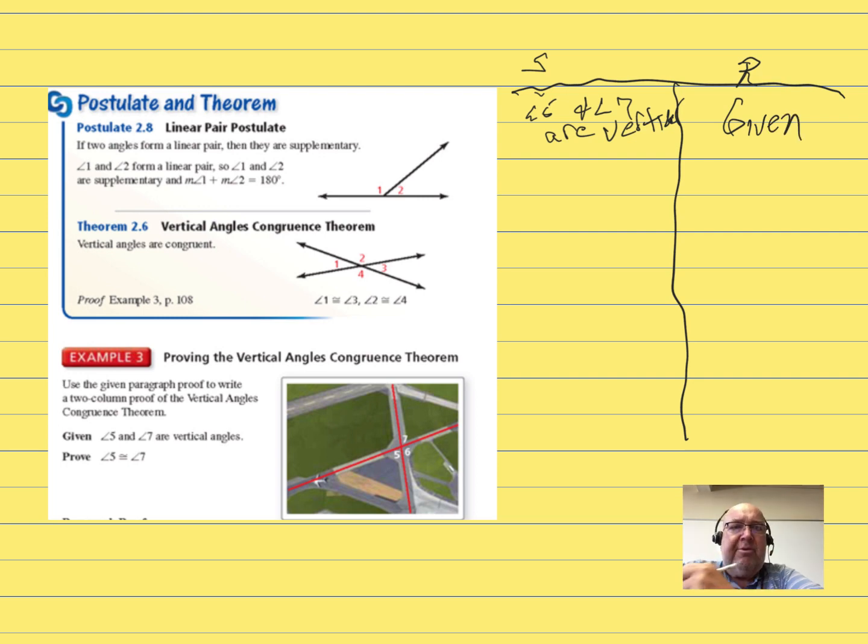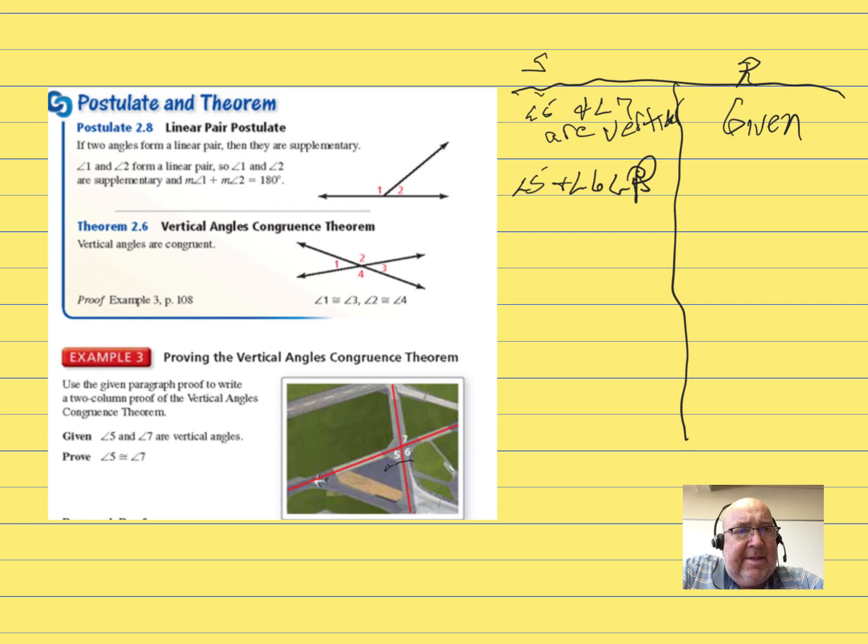And we want to prove that angle 5 is congruent to angle 7. So we can go along and say that angle 5 and angle 6 are a linear pair, and I'm just going to use abbreviations.